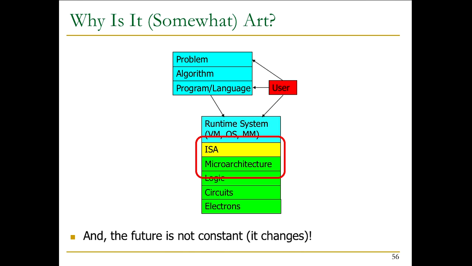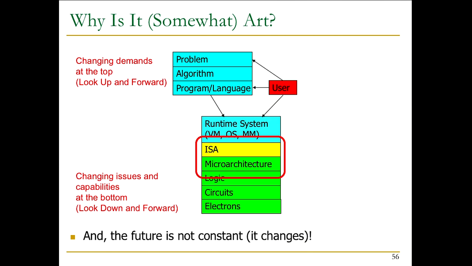If things were constant, maybe you could predict it, right? But if things are changing, if the problems are changing, if what people are executing is changing, and if the technology is changing, issues are changing over here, and the users are changing, then this becomes really an art, right? Unless you can model all of these very precisely and figure out what you need to do in your clock gating mechanism to satisfy all of those changing requirements, this really becomes an art.